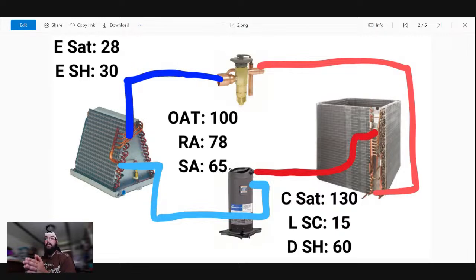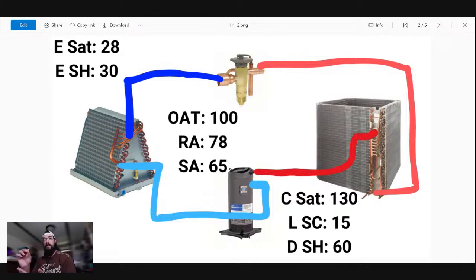In this particular case, we have a suction superheat or an evaporator superheat of 30 degrees, which, because this compressor being a scroll is suction cooled, we're going to see reflected in our discharge superheat, because 30 degrees is too high. That is an excessive number, and our compressor cannot cool itself properly with those values.